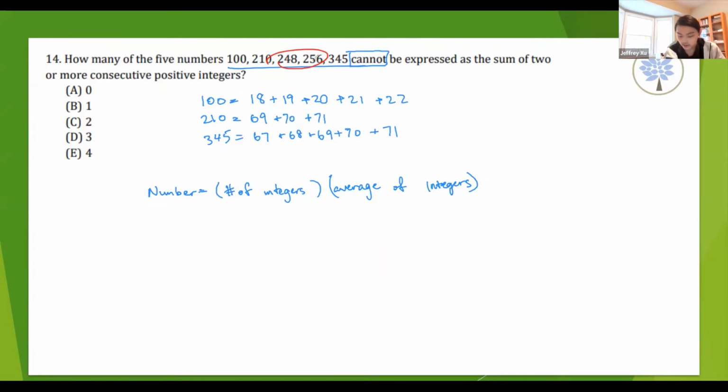So notice that 256 is a power of 2. So most likely, if both of these are even, then it doesn't work.